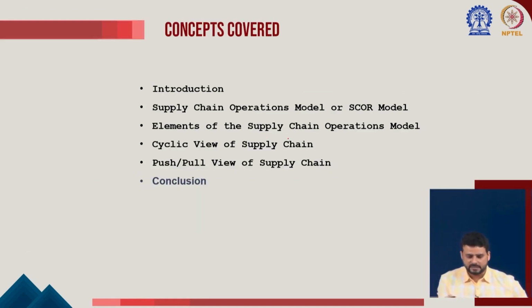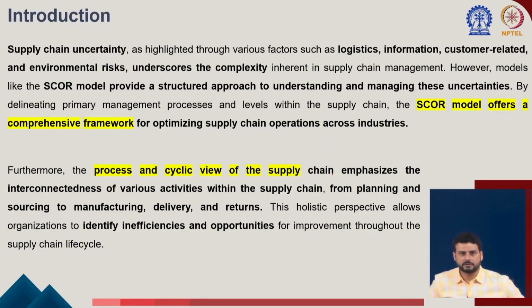Then we will talk about two different perspectives of supply chain, one is the cyclic view, another is the push-pull view, and we will discuss some small cases as well and how these three different operational perspectives will help you to meet all the challenges which are coming through your supply chain, right.